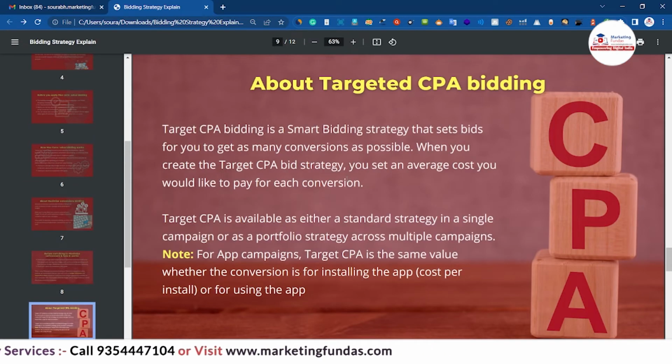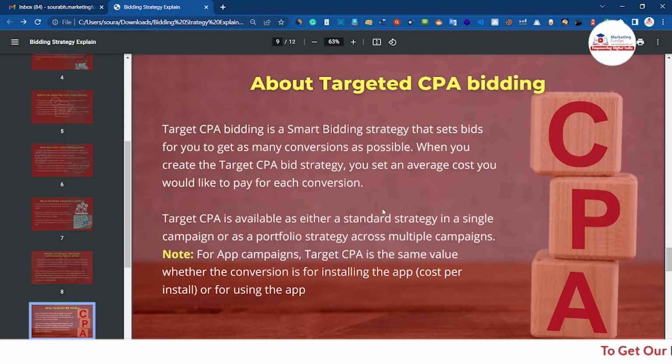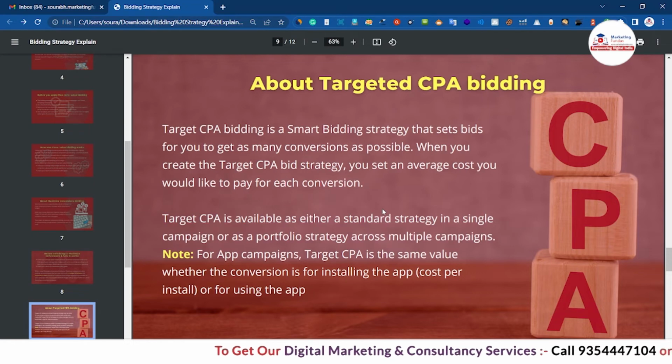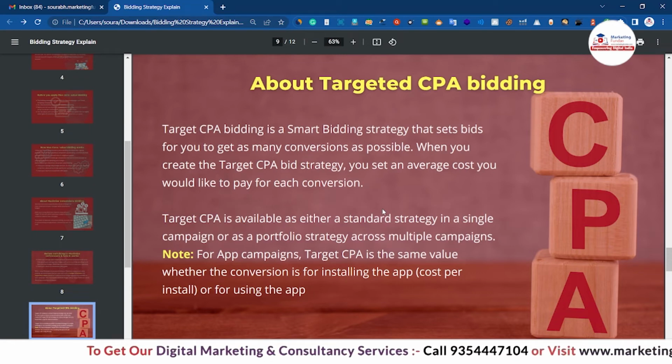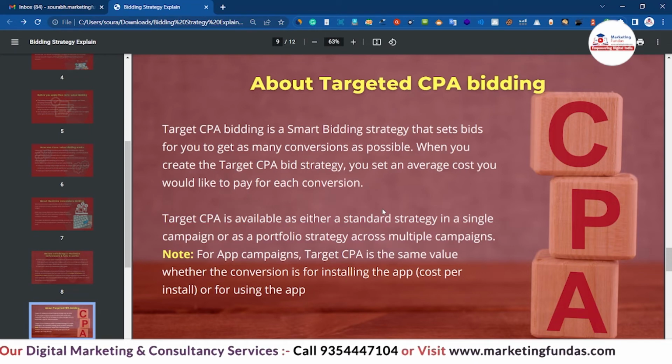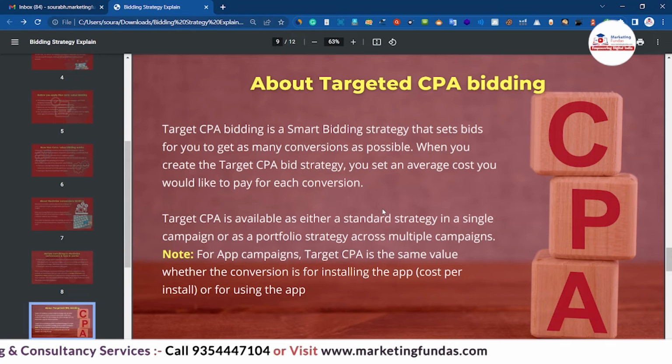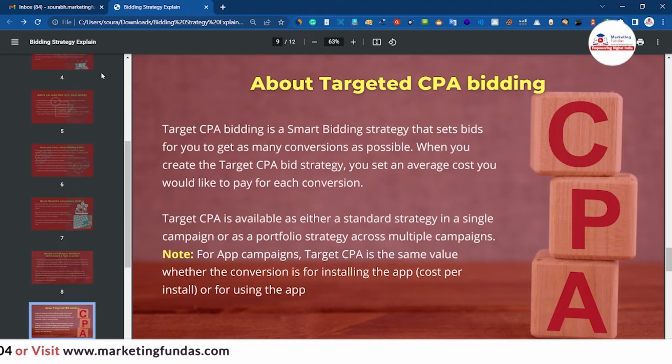Now, let's go to the fourth bidding strategy, and that is target CPA bidding. CPA means cost per acquisition, which means how much you are paying to get an acquisition. For example, if you are paying $100 to get one conversion, your CPA is $100. This is a smart bidding strategy that sets bids for you to get as many conversions as possible.